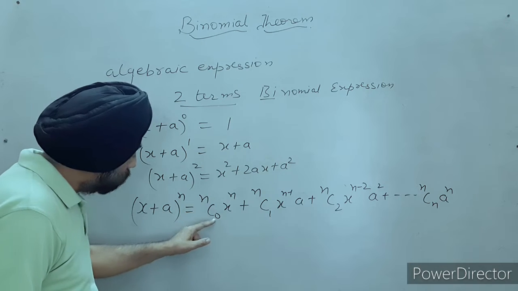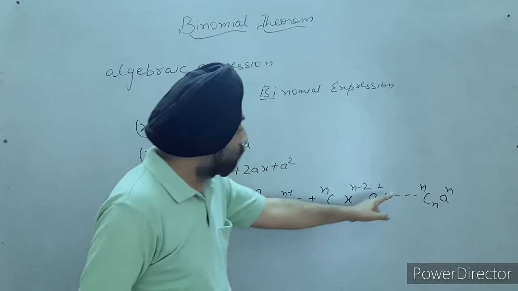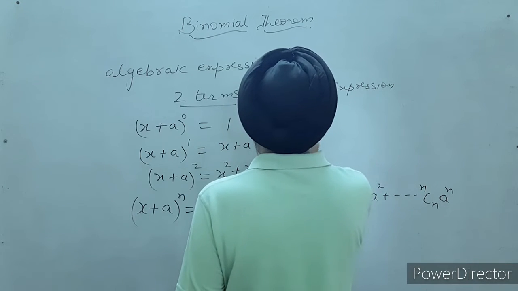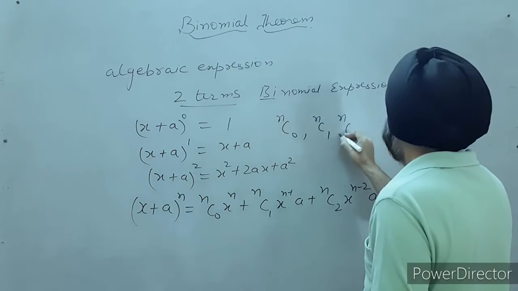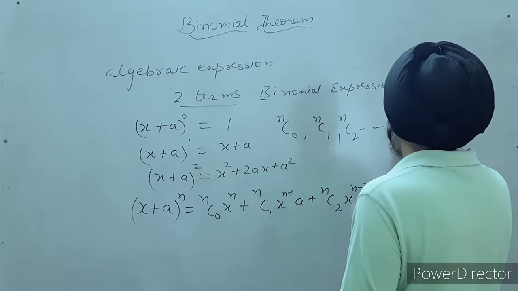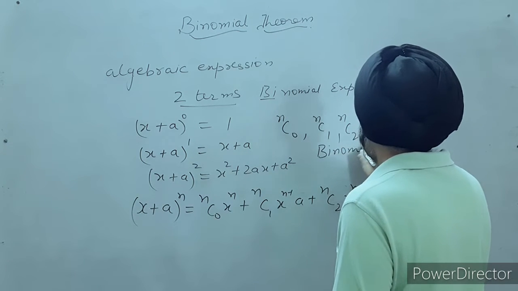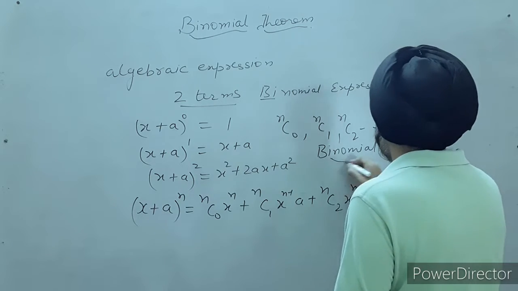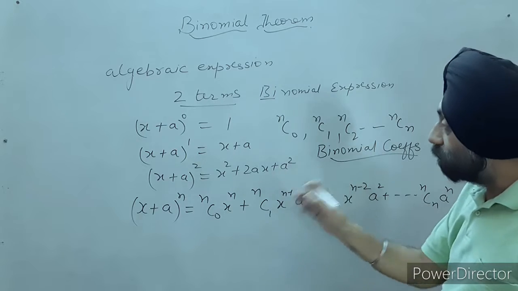Now nc0, nc1, nc2 and so on till ncn are called binomial coefficients. And the values of these can be calculated by using a very simple formula.